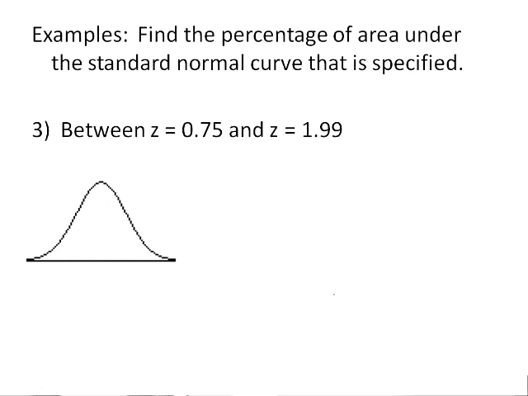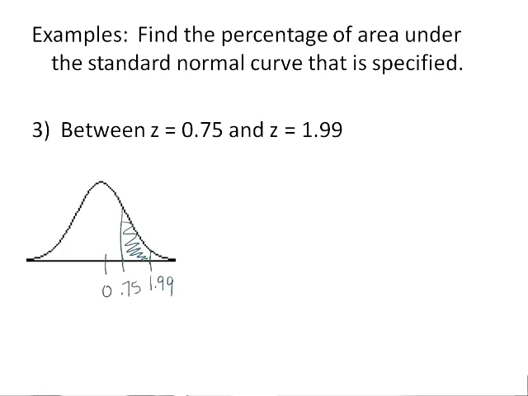Our next example, we're finding the percentage of area under the standard normal curve between 0.75 and 1.99. Now for this curve, 0 is in the middle, but 0.75 and 1.99 are on the same side of the mean.